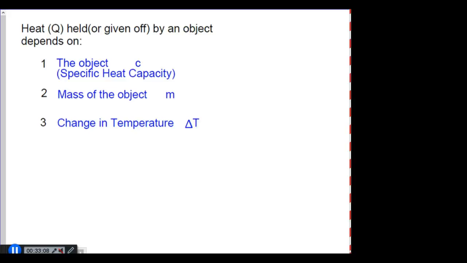So we need to choose a measurement that also has grams in it. You do not need to memorize the list of specific heat capacities. You have a table which will tell you the specific heat capacities of substances.